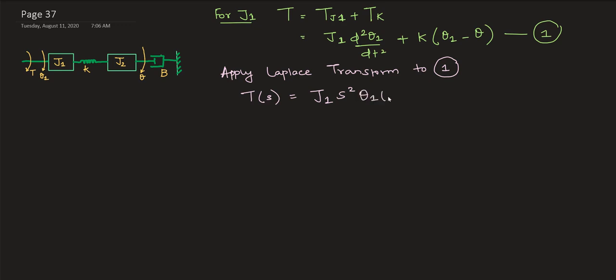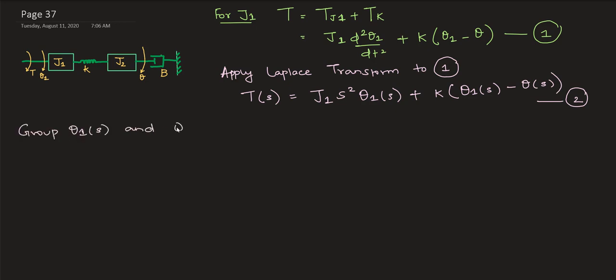Even the Laplace representation for this is going to be J1 S square theta 1 of s plus K into theta 1 of s minus theta of s. That is also just substitution of variable. There is not much variation or change in the Laplace representation in your rotational systems.